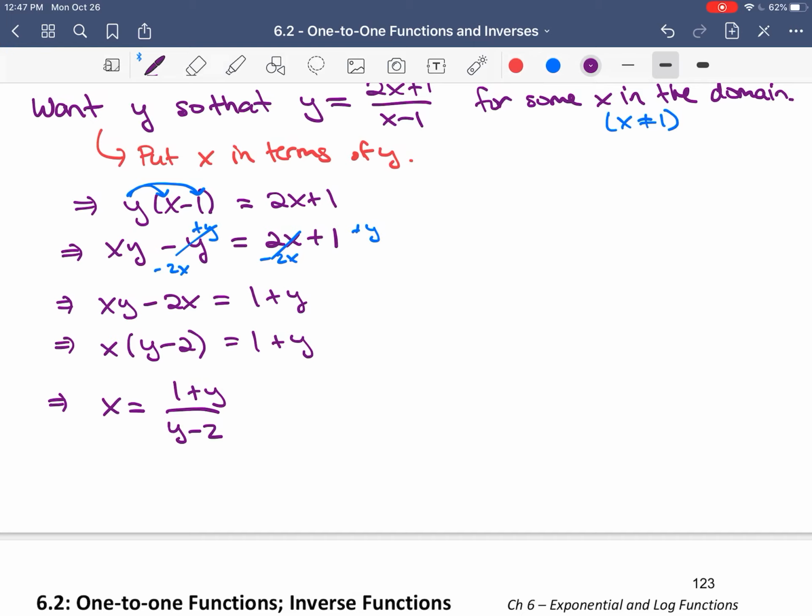Now I can see that these are all equivalent.